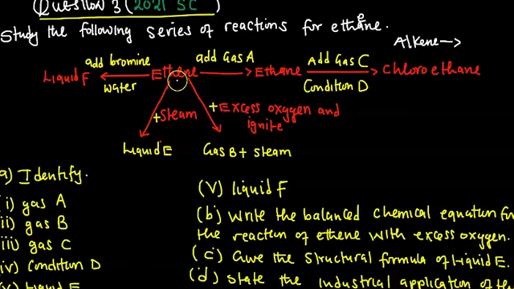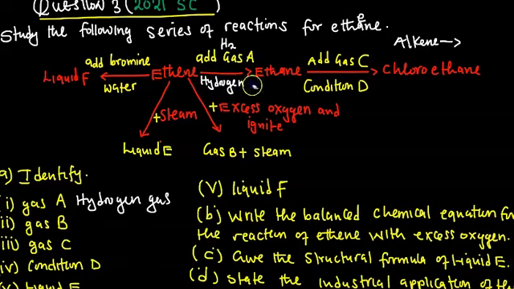So what I'm trying to say is that ethene is converted to ethane by the process called hydrogenation. That is the addition of what? Hydrogen gas. So gas A here is hydrogen. Okay, so gas A is hydrogen gas. Then the process is hydrogenation, please. Let me just write also the process in case we find this question again: hydrogenation.